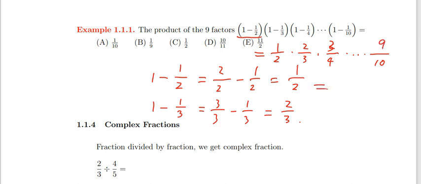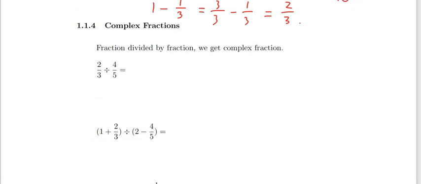We can cancel lots, until the 9 is cancelled. Only 2 numbers are left, so here it is 1 over 10, right?